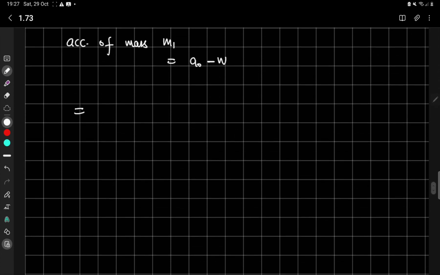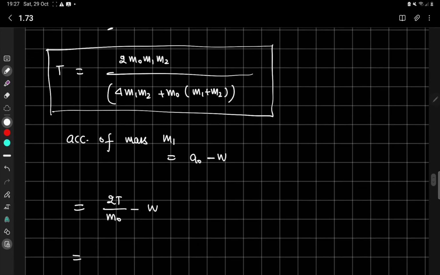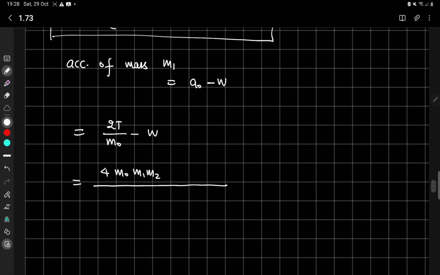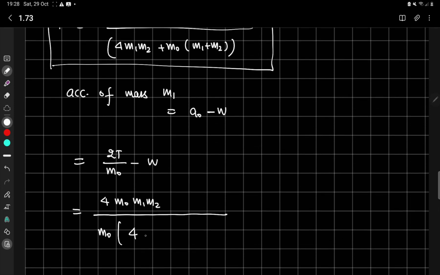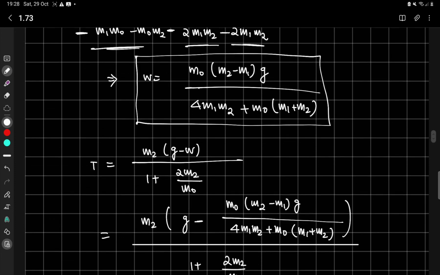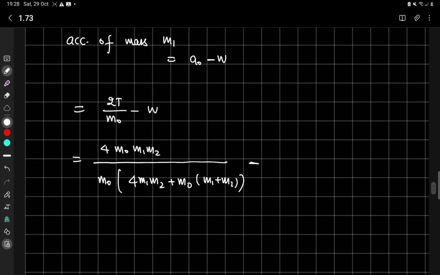So we can write here 2t upon m naught minus w, and the value of tension we have obtained here, so we can write 4 times m naught m1 m2 whole divided by m naught times (4 m1 m2 plus m naught times (m1 plus m2)), minus the expression of w, that is m naught times (m2 minus m1) into g whole divided by 4 times m1 m2 plus m naught times (m1 plus m2).